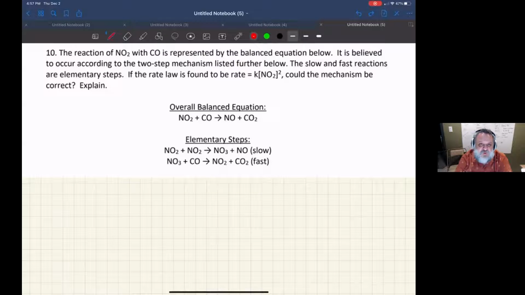In order for a mechanism to be valid, it must, one, agree with the observed rate law, and two, it must add up to the overall equation that we're looking for. When we deal with an overall equation, it doesn't necessarily represent the exact collisions of the molecules that are taking place in a step-by-step sense in order for reactants to go to products.